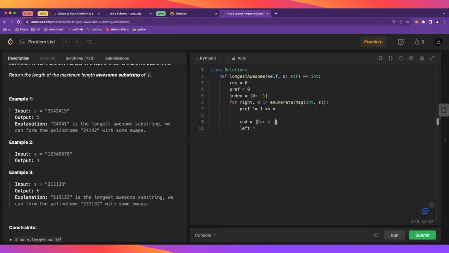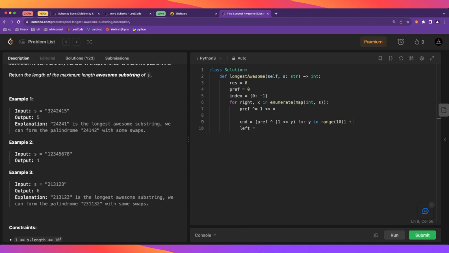Let's call this Y. So here there are 10 masks that have the Y digit, binary digit on. And we want to XOR them with the current prefix. And that's going to give us our candidate left.